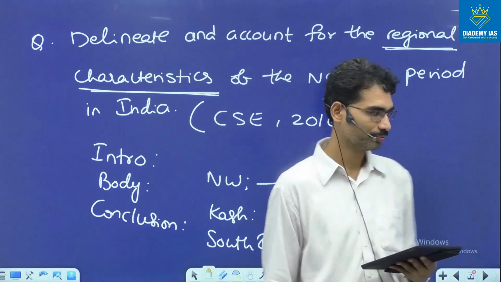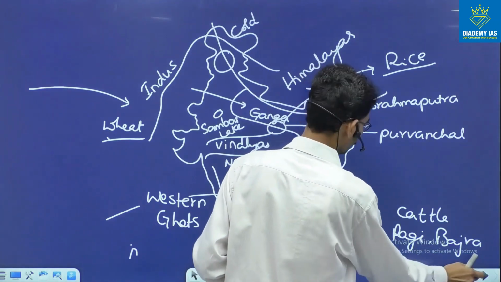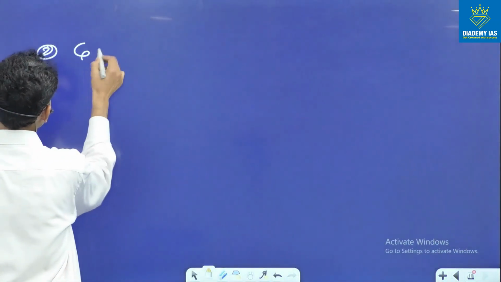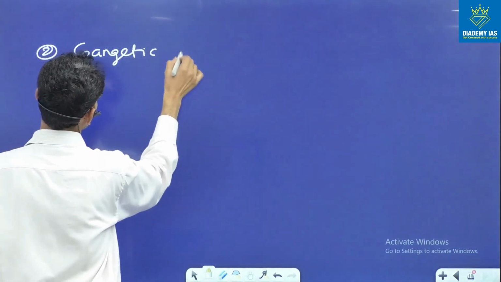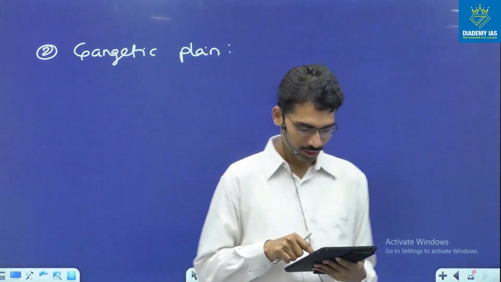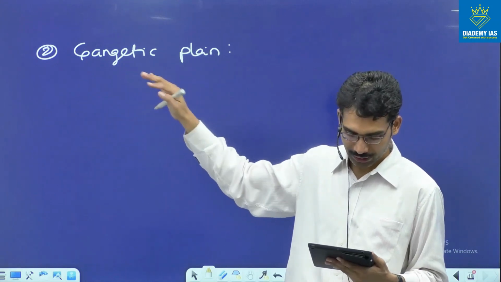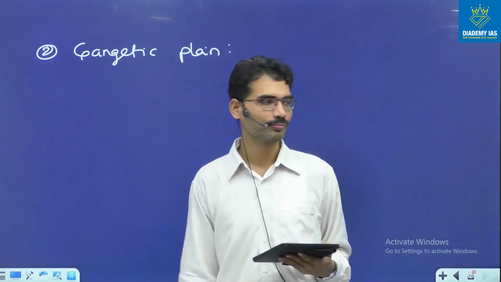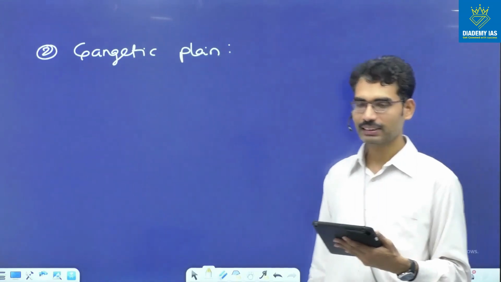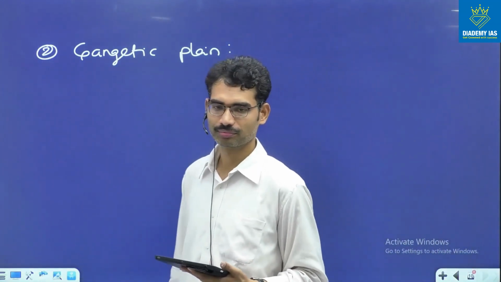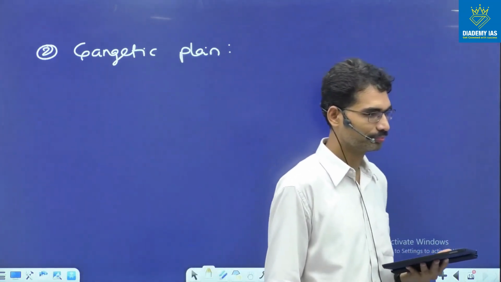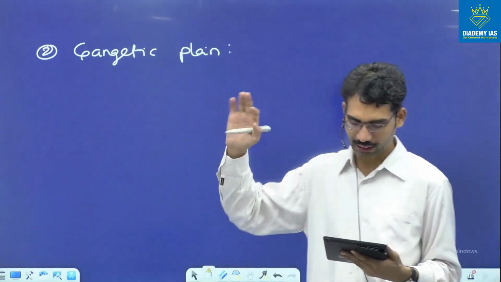Gangetic plain. Gangetic plain people practiced rice cultivation as early as 5000 BC.